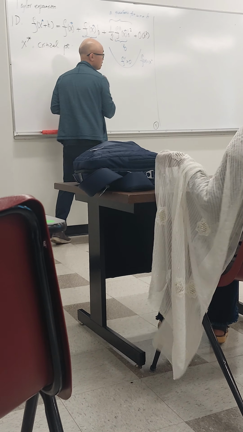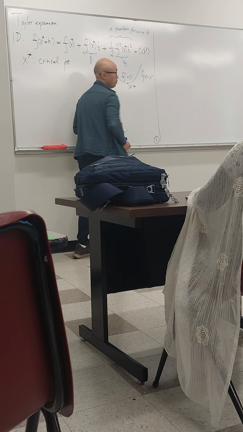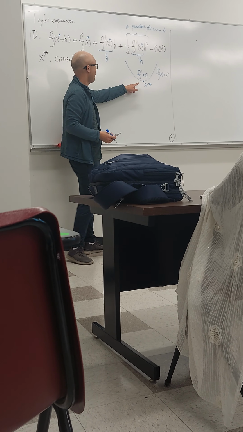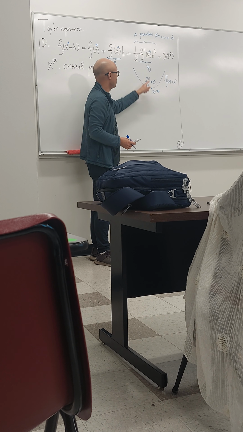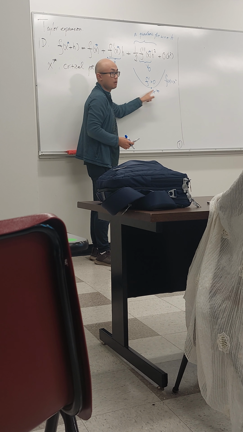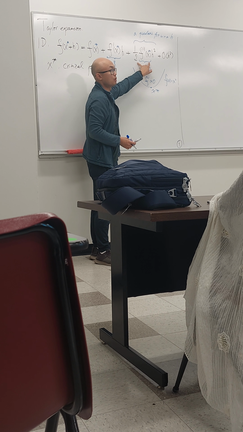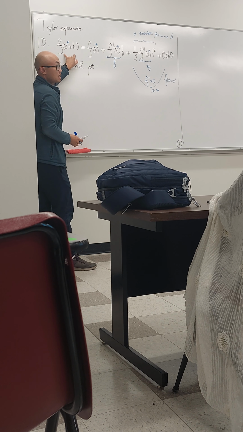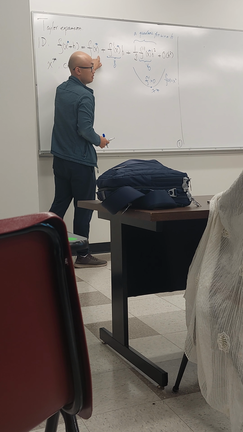So the only thing governing how this function is going to move near this critical point is the second derivative. The second derivative is greater than 0. No matter which direction we move, this thing will be positive. So this guy will be greater than this guy, right?